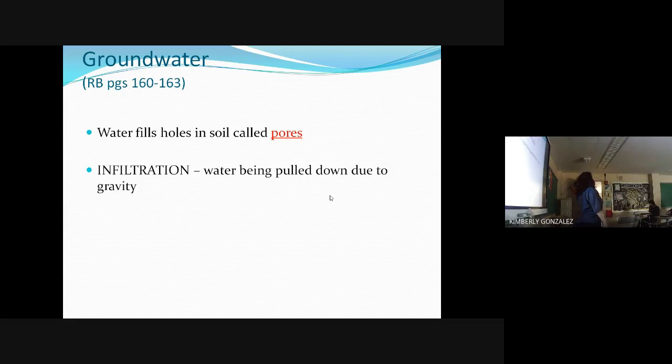So you have condensation, which is when the water that's in the air condenses to a liquid. That's how you get dew, that's how you get fog, and a whole bunch of other stuff. Infiltration is the process in which the water gets pulled down into the ground.